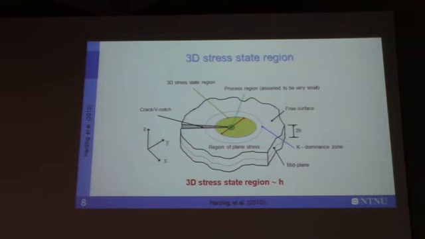So here, to understand, we have a 3D stress state region. In a classical crack or V-notch on a plate, we know that there is a region of plane stress at a distance of approximately 2 times the plate thickness, and we know that we have a K-dominant zone and a 3D stress state region, which is the zone where the corner point singularities occur, and of course under the hypothesis of a process zone that is small compared to the K-dominant zone.